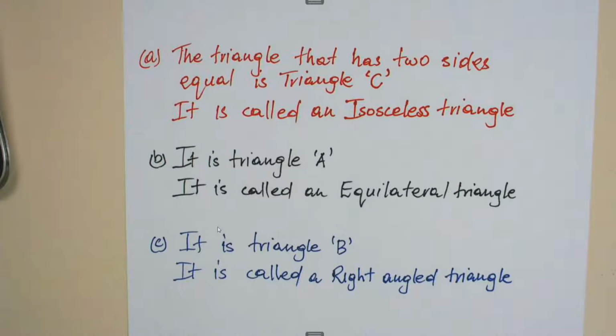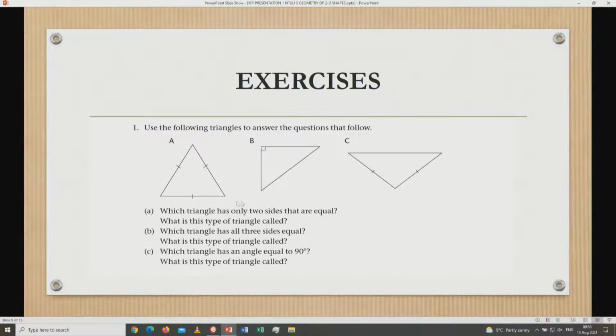And the triangle that has got one right angle, or an angle equal to 90 degrees, is called a right-angled triangle. So we were able to answer these ones. Right, then let us move on.